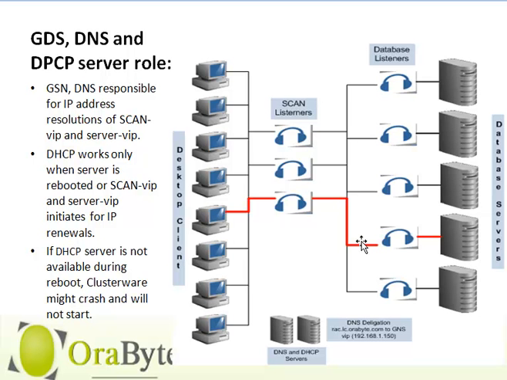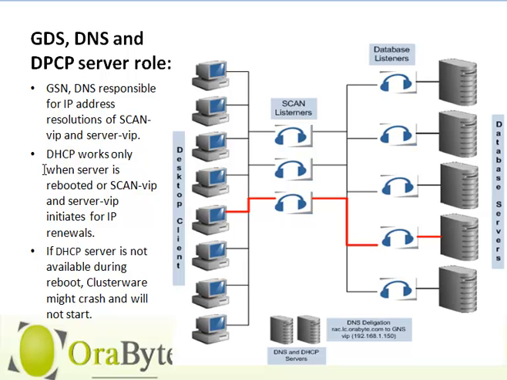So scan and database listener are only required for getting connected to an instance, getting that session started. Once that is done, scan listener and database listener are out of the picture.